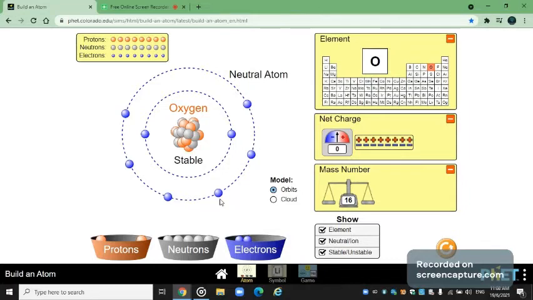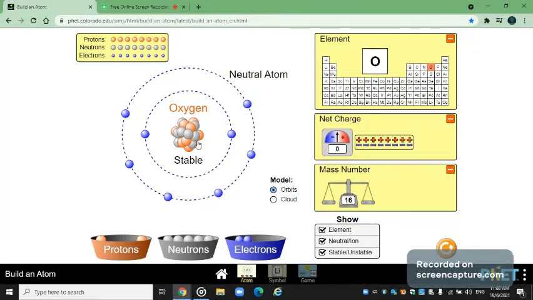So you see, there are two electrons on the first shell, and 6 in the outer shell. That means 6 plus 2, 8. Proton number and electron number are the same. So that means it is correct, and you can also see it's stable.